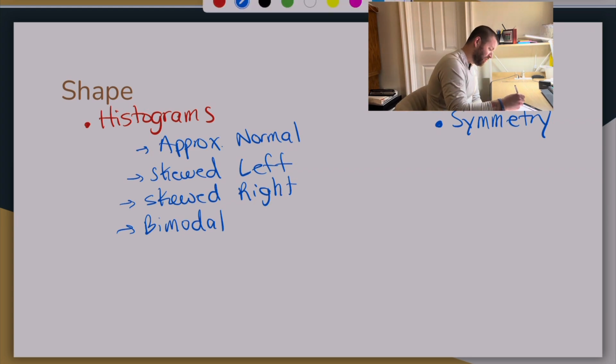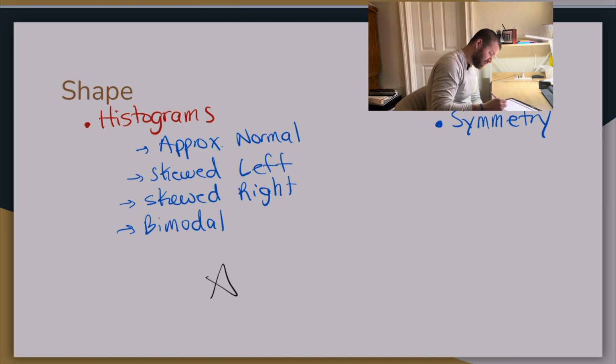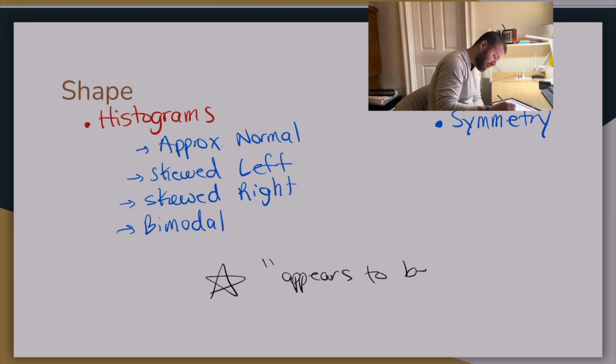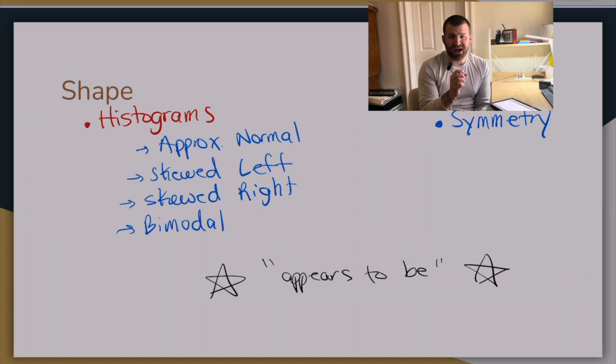Now, one important phrase that I'd like to include here when we're talking about shape is the phrase appears to be. The use of non-deterministic language is incredibly important for this description. If you say that something is normal, you will lose points if it is not perfectly normal.